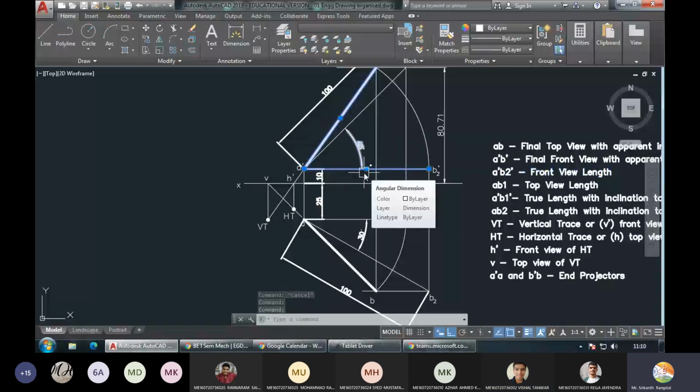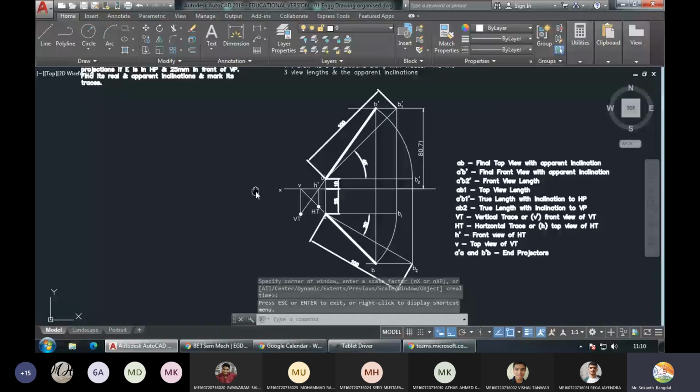No, you don't know. This is horizontal, no? And it is the same length as this. So this line you have to draw. So whenever he is telling front view length, you have to draw this line. Okay, so let us go ahead and draw that.